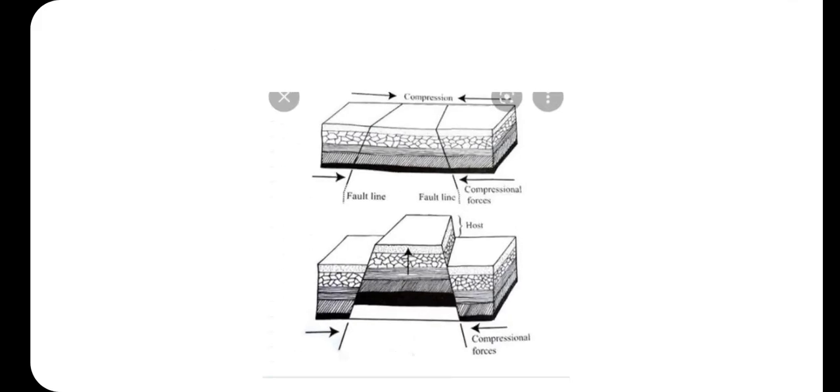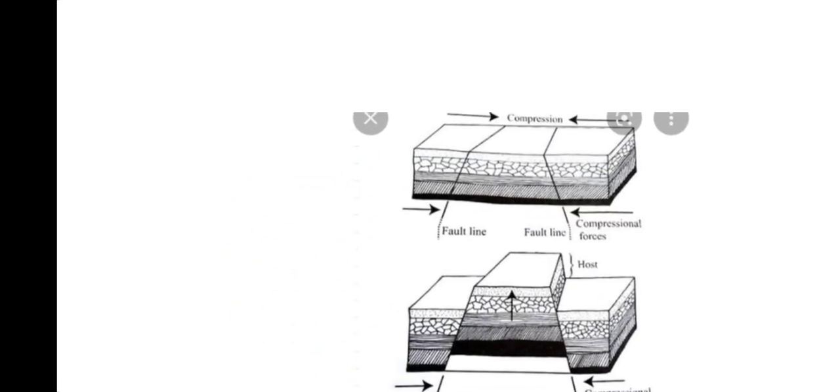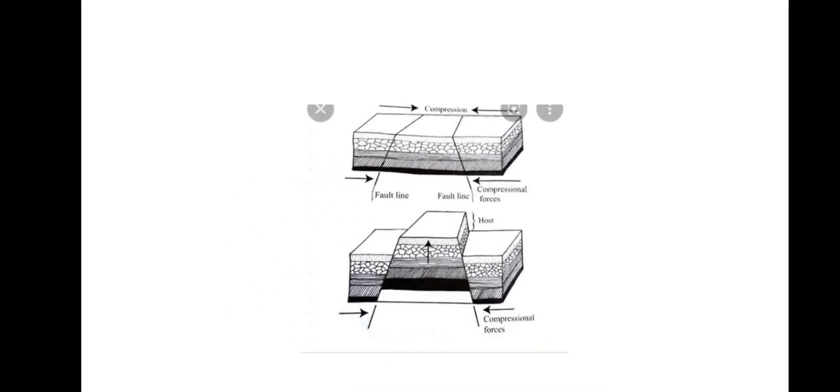This diagram shows a clear understanding of what I mean by the normal faults and the reverse faults. Those are the layers of the interior of the Earth's surface. These forces coming together lead the middle part to come upwards.